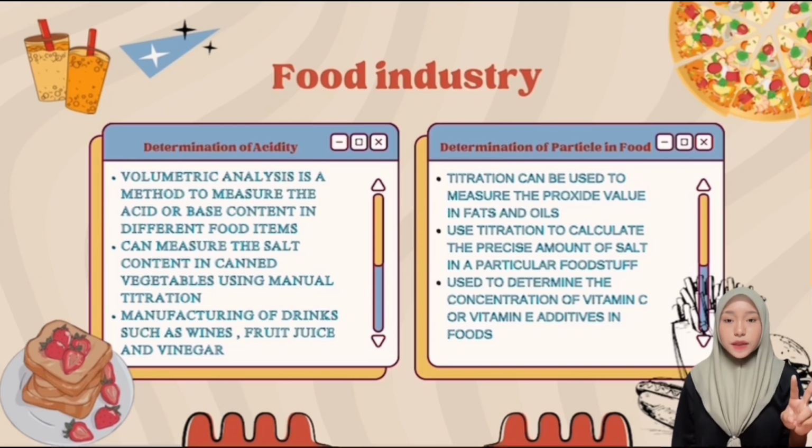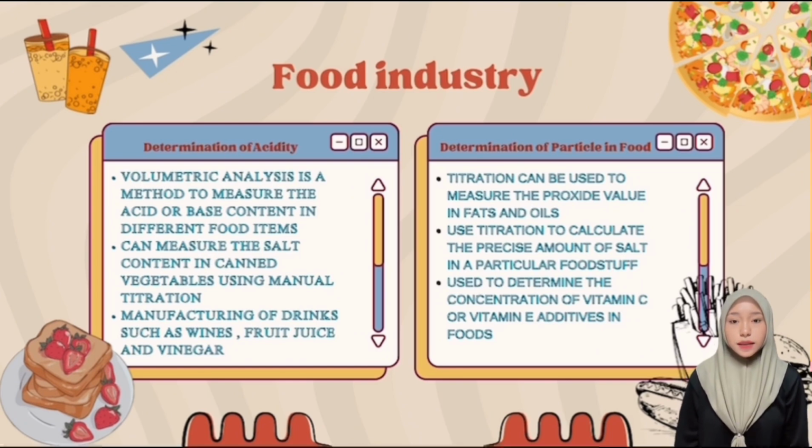Next, the application in the food industry. They have two determinations, which are determination of acidity and determination of particles in food. For acidity, volumetric analysis is a method to measure the acid or base contained in different food items. It can also be used to measure the salt content in canned vegetables using manual titration, and in the manufacturing of drinks such as wine, fruit juice, and vinegar.